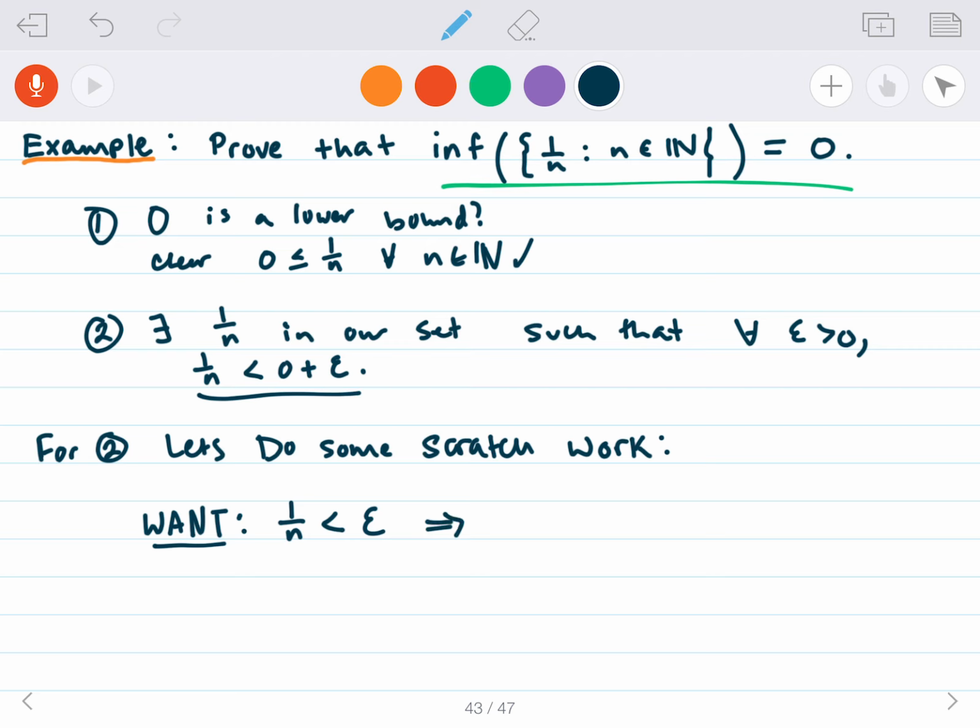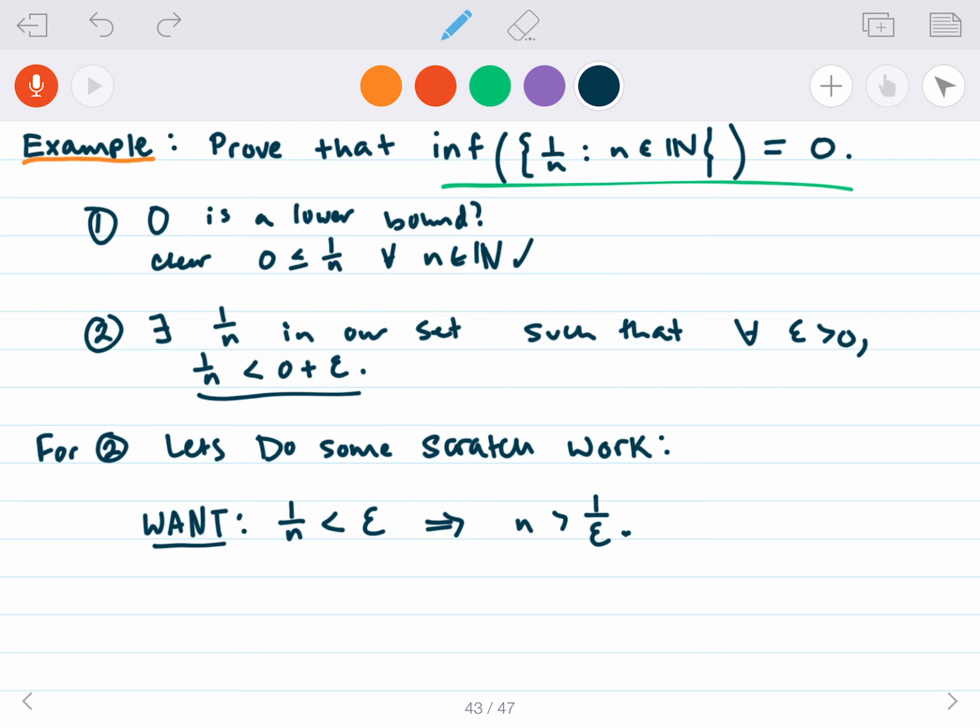And remember, n is a natural number, so multiplying both sides of the inequality isn't going to flip the inequality. No problem. It's always going to be positive. So this turns out to be n is greater than 1 over epsilon if you do the manipulation. And so this is the little n that we want.